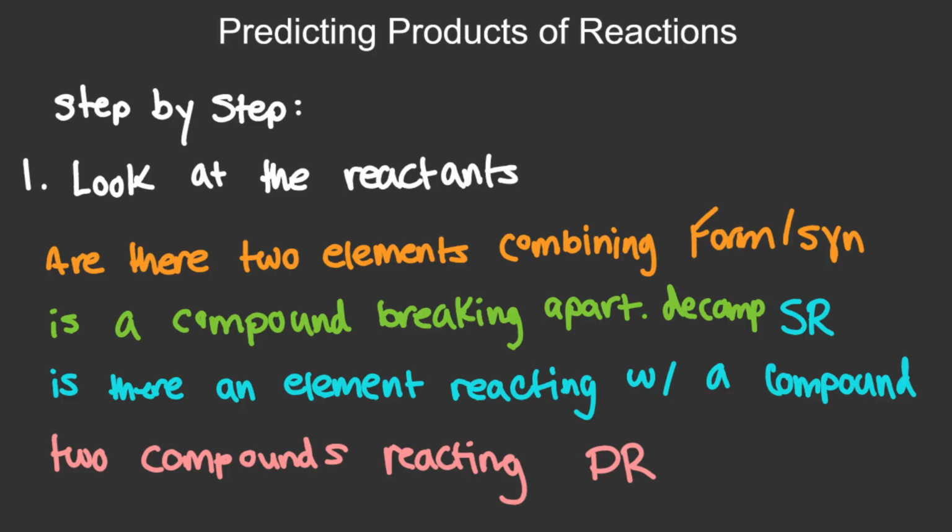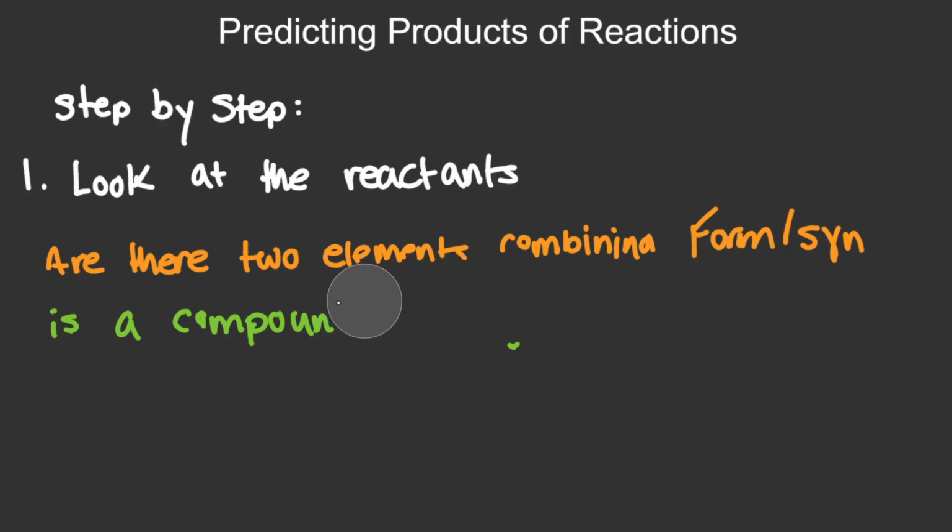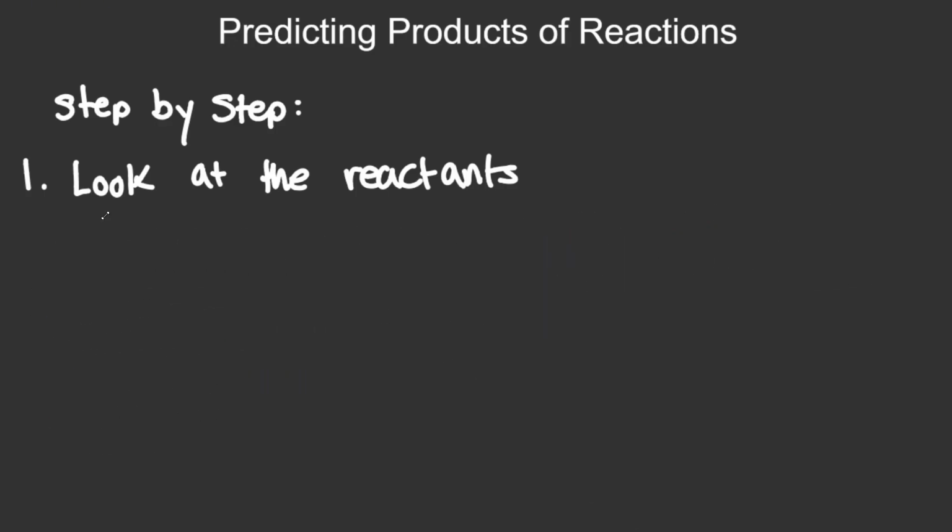Now, again, if we don't follow any of these rules, there is one more, and that one is the combustion reaction, which is the hydrocarbon rule. So if we have a hydrocarbon reacting with oxygen, where it's that C3H8 plus O2, this is a combustion reaction.